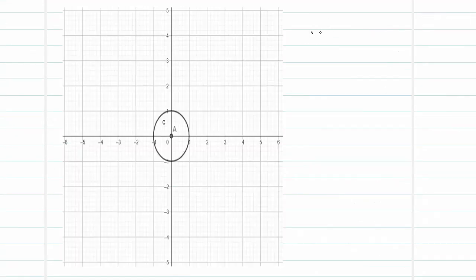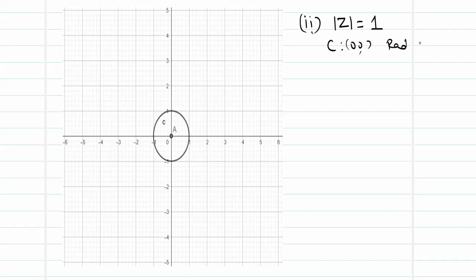so I have to plot my step 2, identifying the boundary mod z is equal to 1. So this is going to be a circle with center 0, 0 and radius equal to 1 unit. What are going to be my poles? My poles are going to be z is equal to minus 5i and z is equal to minus i by 5.